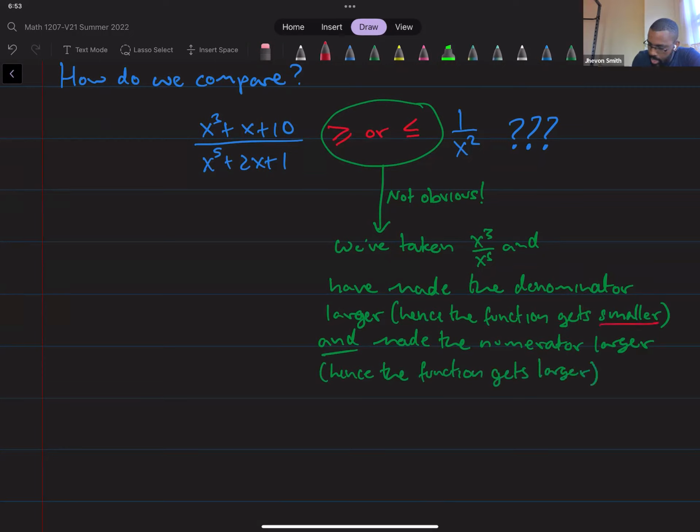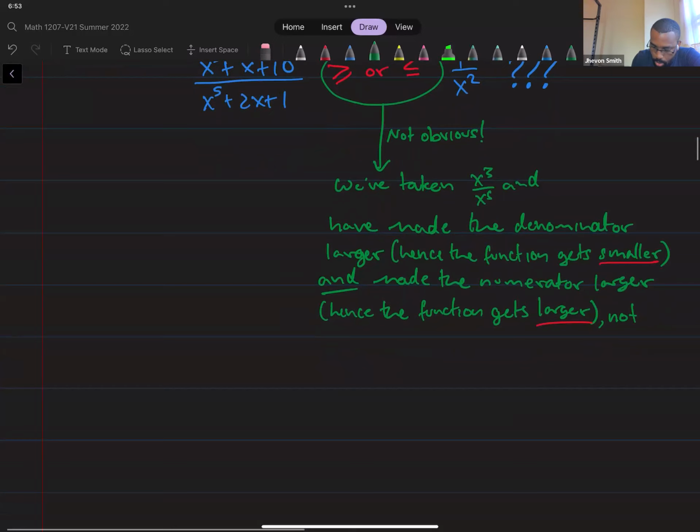So we've done something that makes the fraction smaller and larger at the same time. Not immediately obvious which change dominates.